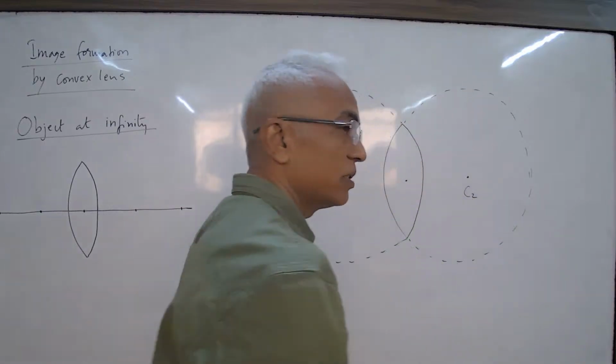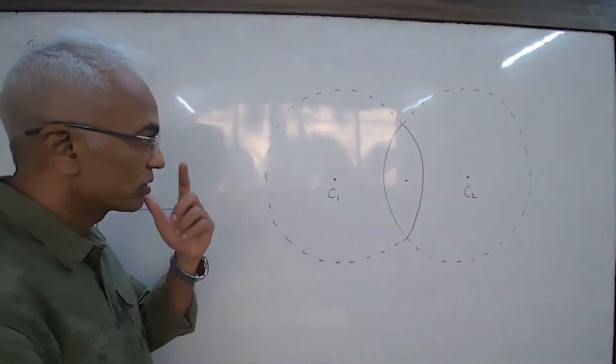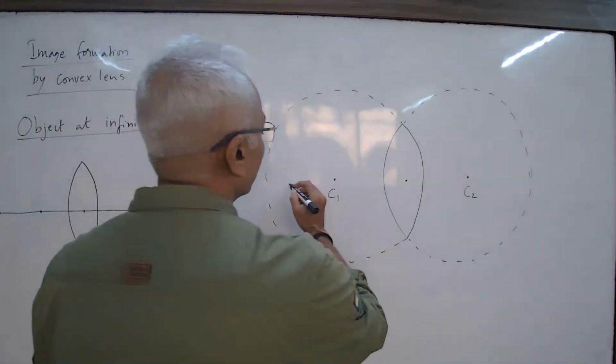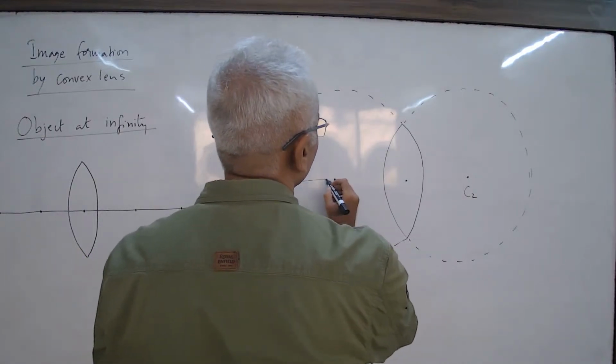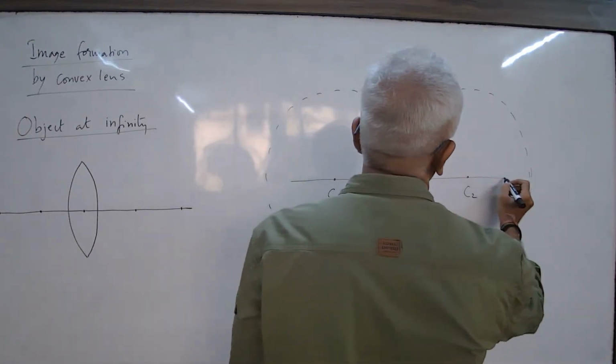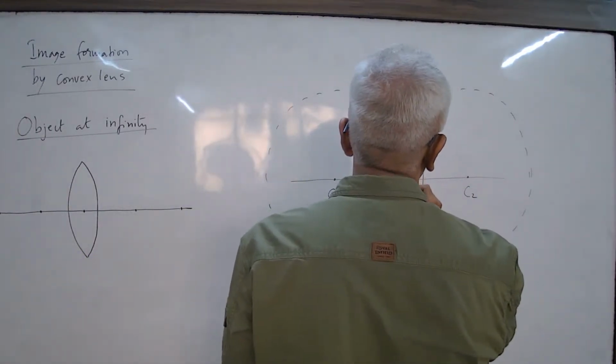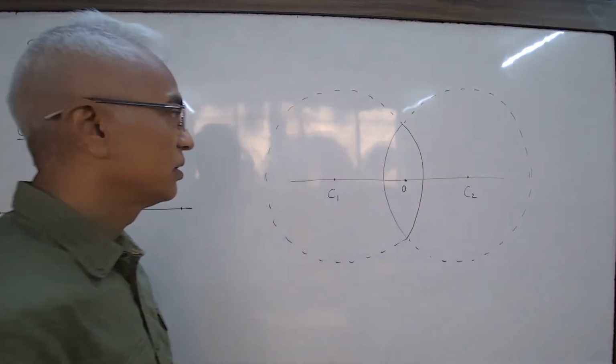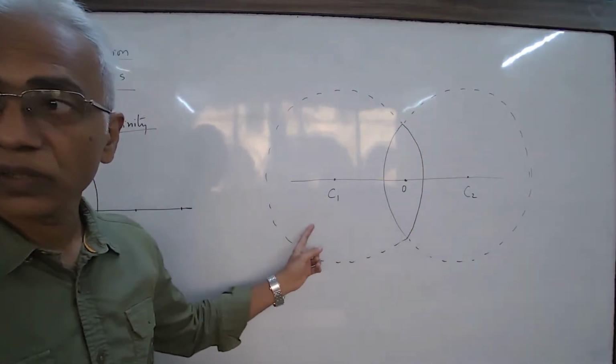This is how convex lens is carved out of 2 solid spheres. And the center of the lens is called optical center. This line is called principal axis.